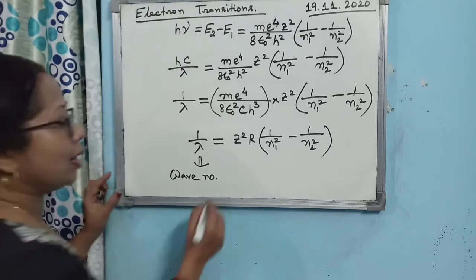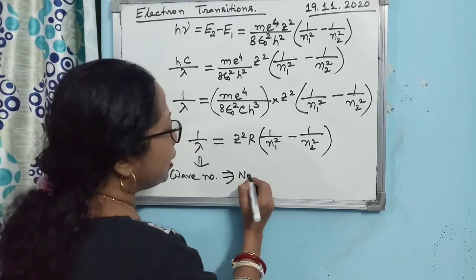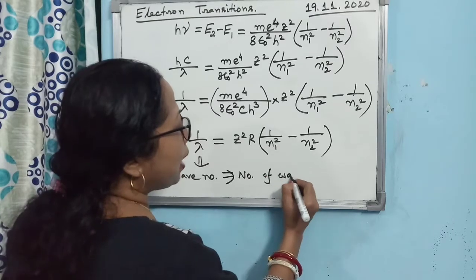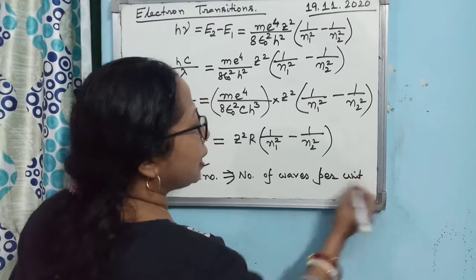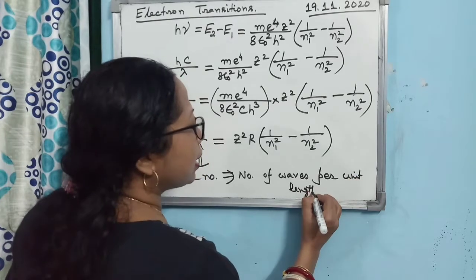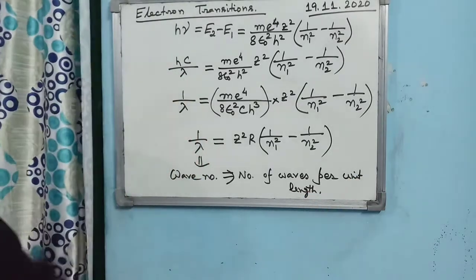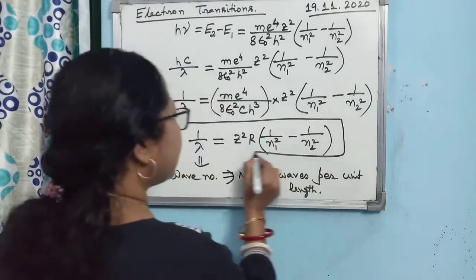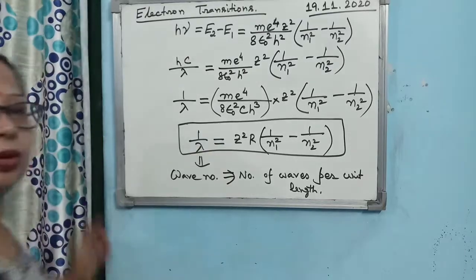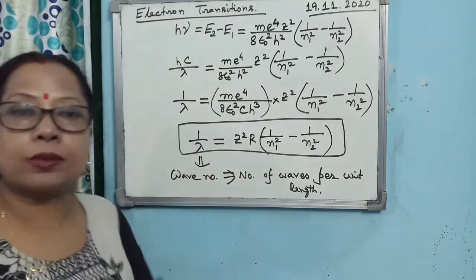What is its meaning? It means the number of waves per unit length, the number of waves that can be accommodated per unit length. That is known as the wave number, and this is a very important relation in physics. This relation also you are supposed to remember.